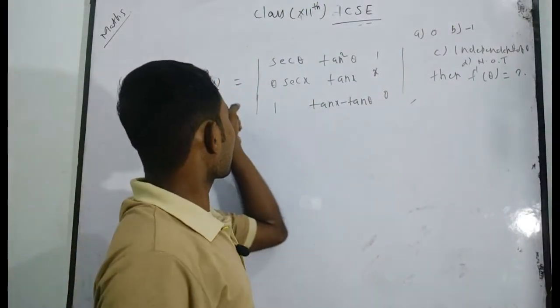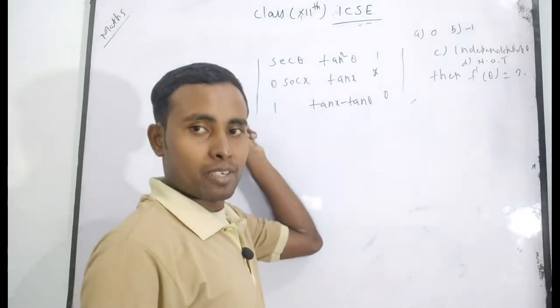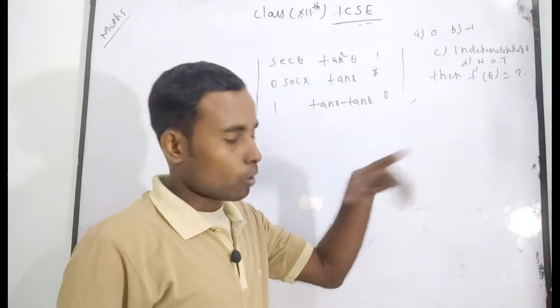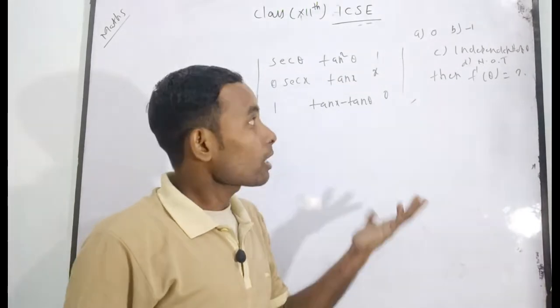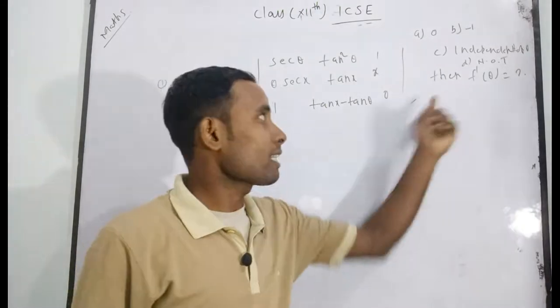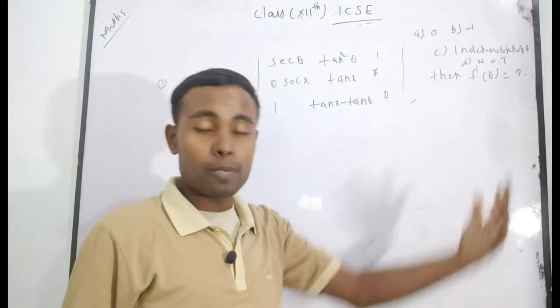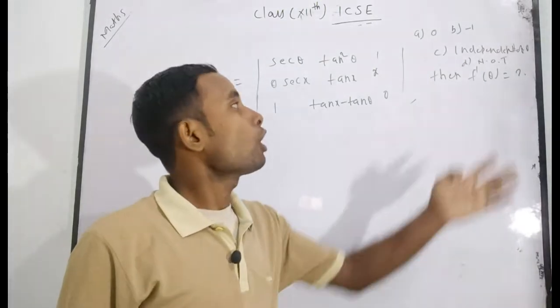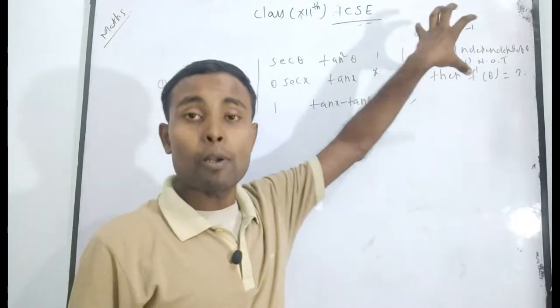Here you have to differentiate fx. So this function is a function of x. So you have to simply differentiate this function with respect to x, and thereafter you have to replace x by theta. That will give you some particular value. According to the obtained value, you have to choose your given options.